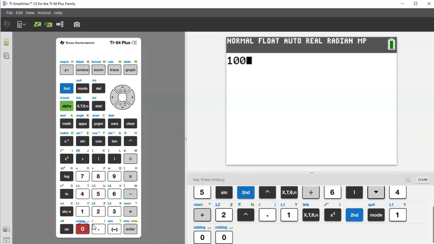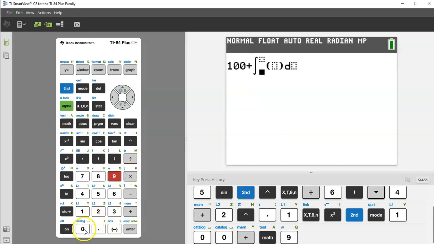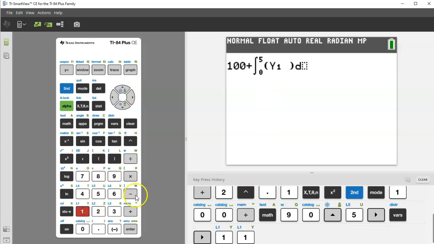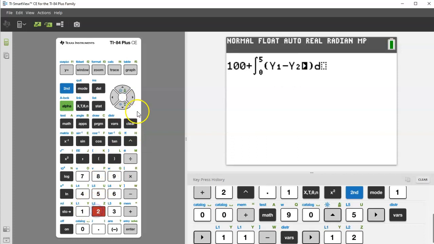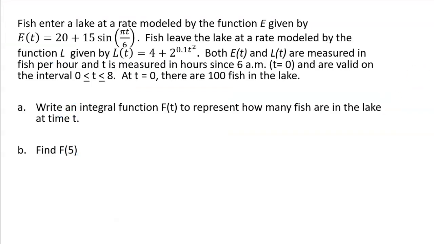So we have 100 plus math 9, 0 to 5, and then it's E, which I put under the y1, so you have to remember which one is which, and y2. And we get 223.163.